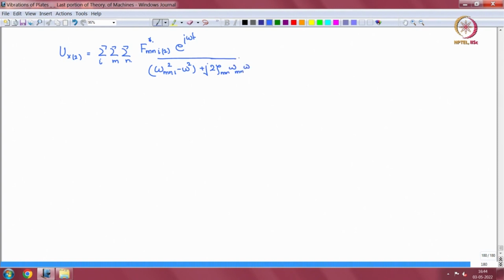Okay, and then the mode shape. So this part is now eta mn, and then the mode shape which is a m n i by b m n i, cos m pi x by L sin n theta.